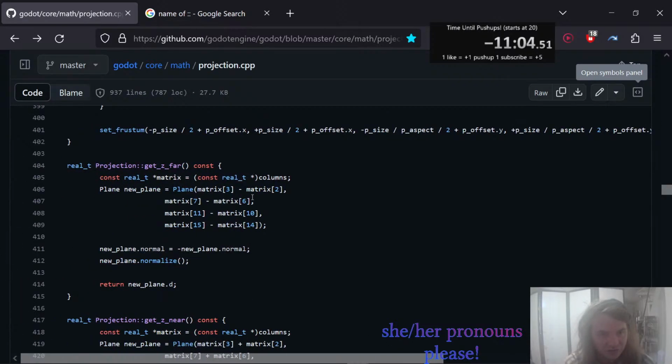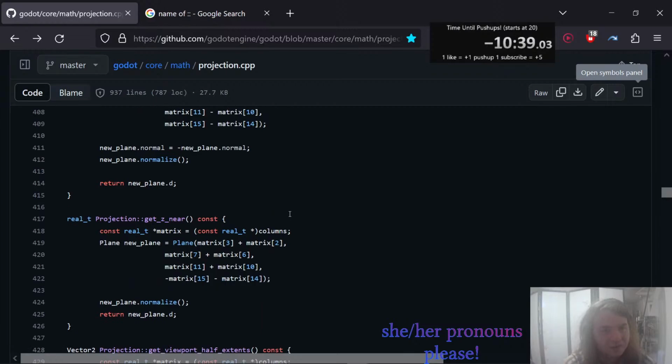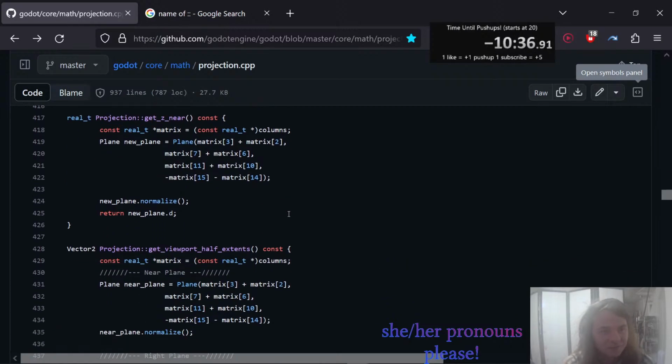Real T projection get Z far const, real T times matrix equals const real T times columns. Plane new plane equals plane matrix 3 minus matrix 2, matrix 7 minus matrix 6, matrix 11 minus matrix 10, matrix 15 minus matrix 14. New plane dot normal equals minus new plane dot normal. New plane dot normalize, return new plane dot d.